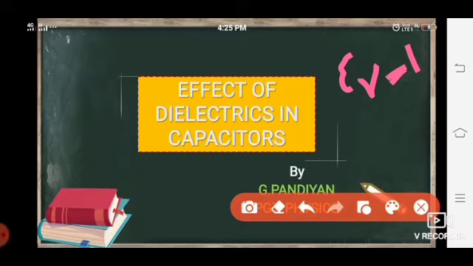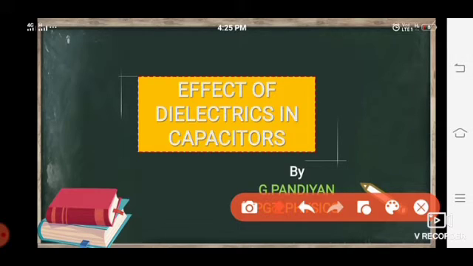So what will happen when such a material is placed in the gap between the plates of the capacitor? That only we are going to discuss.